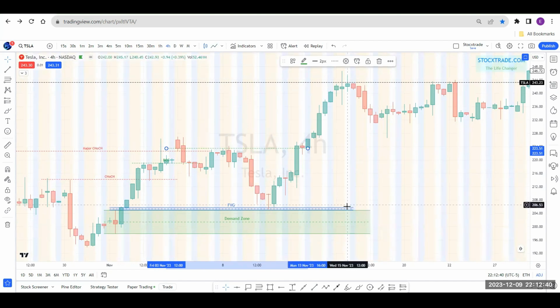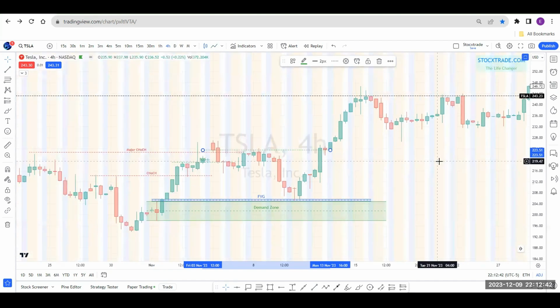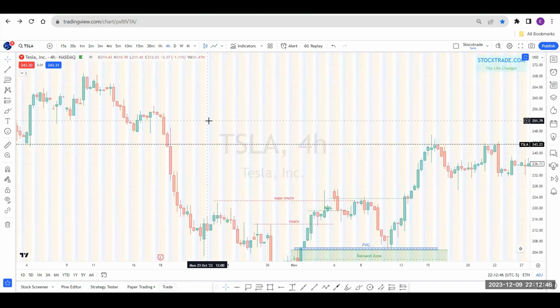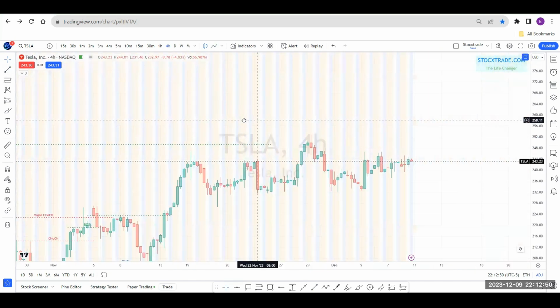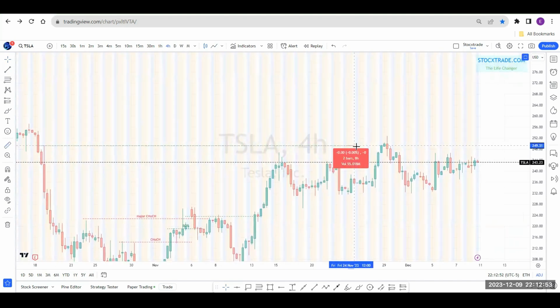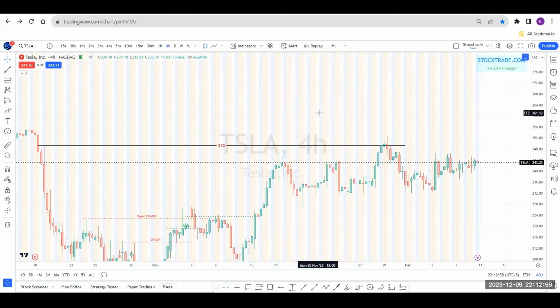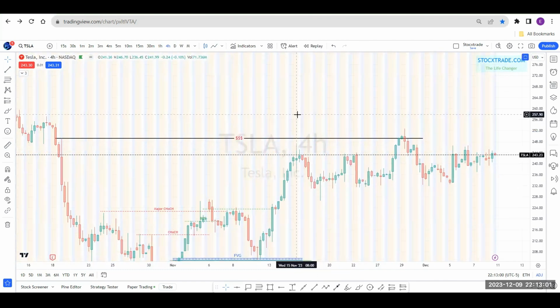In 2 days, 17 points. This is happening every day. Where is your next liquidity? This swing. This is your next target liquidity. Price will go there. Why should it not go?